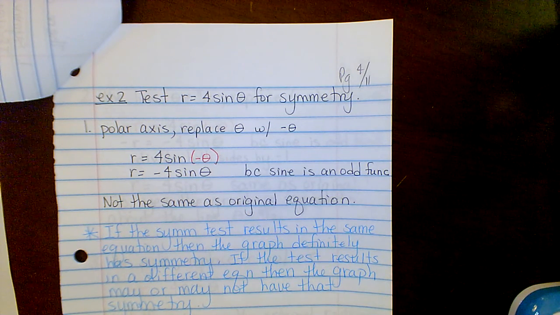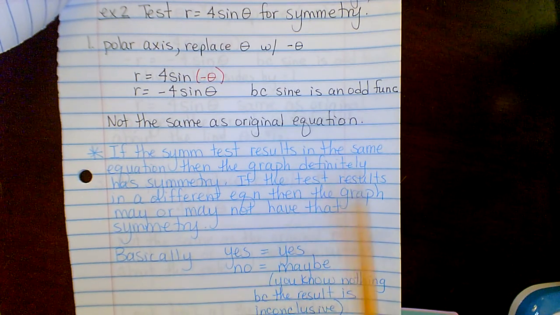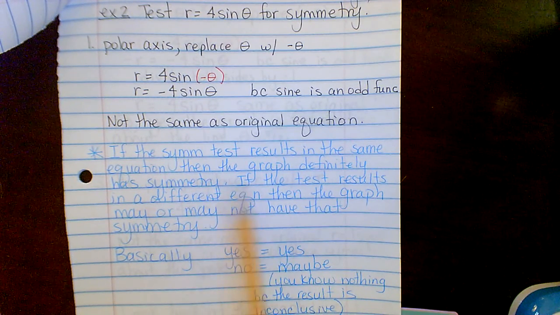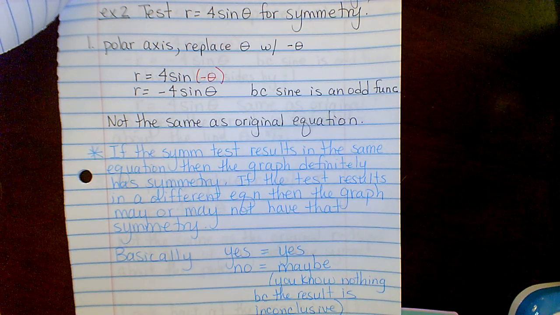Now, here's the thing about these symmetry tests. If the symmetry test results in the same equation, then the graph is absolutely symmetric about that, in this case the polar axis.